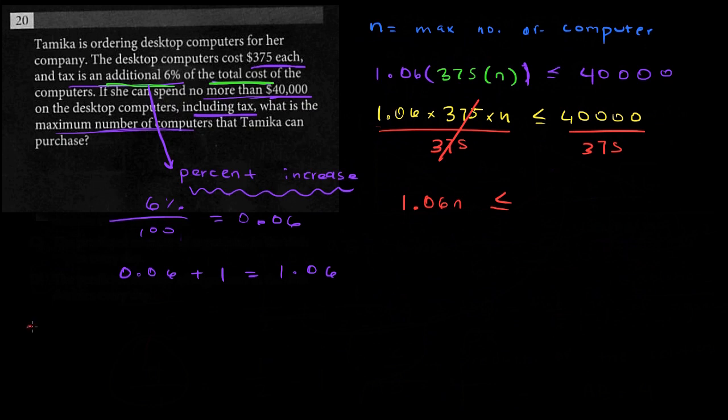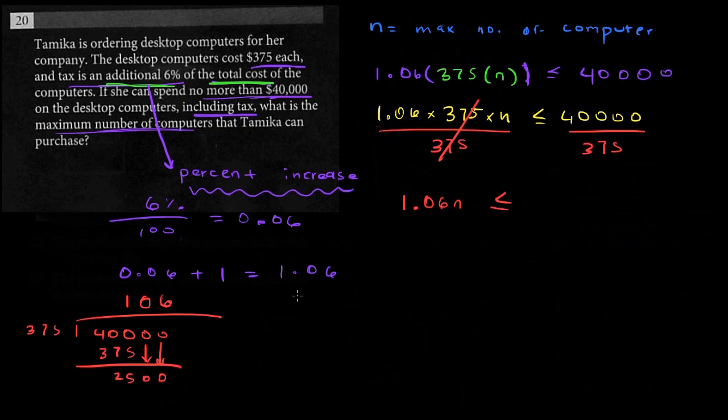Now, this is long division. So 40,000, 375 goes into 400 once. So 375, 25, bring down the 0, it's 250. 375 cannot go into 250, so I put that 0 here, and then I have to bring the 0 down again, so it becomes 375 into 2,500. 375 can go into 2,500 6 times.